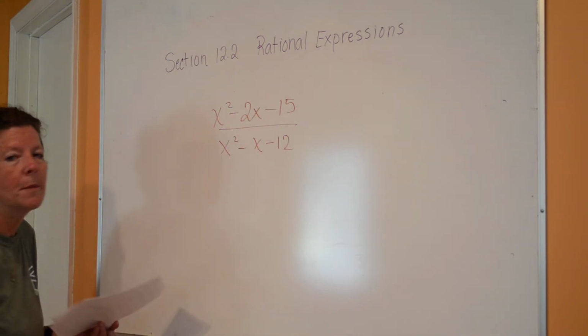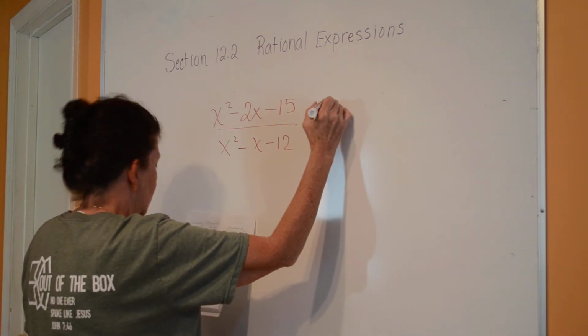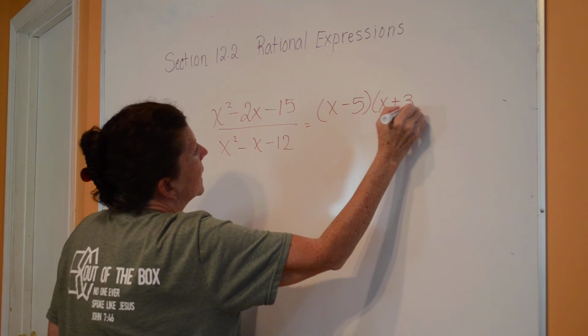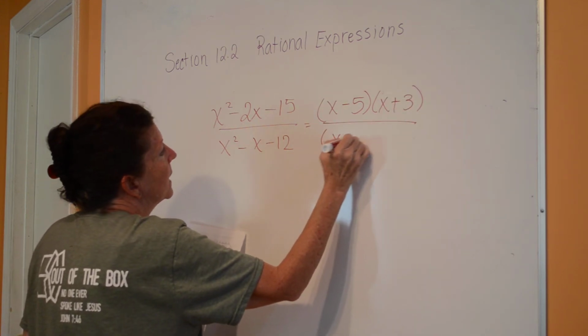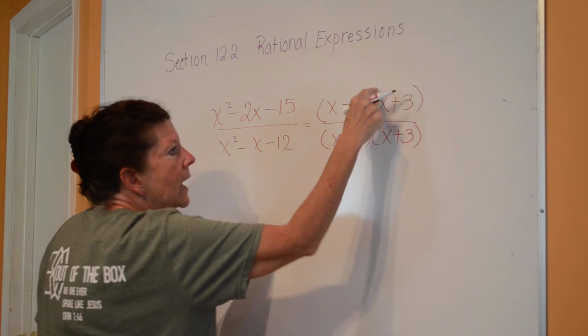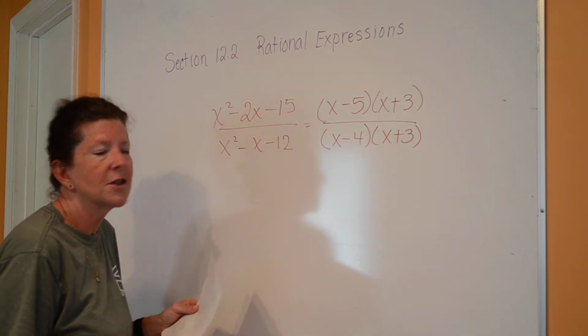This is going to require me to factor both the top and the bottom. So this is going to be x minus 5 and x plus 3. On the bottom, I'm going to have an x minus 4 and an x plus 3. And you can see that that whole term matches up.